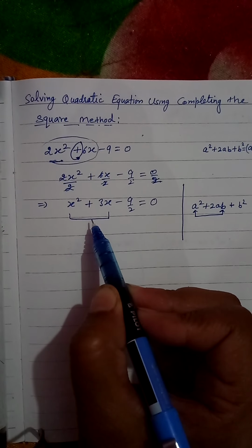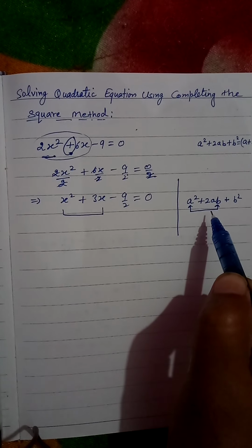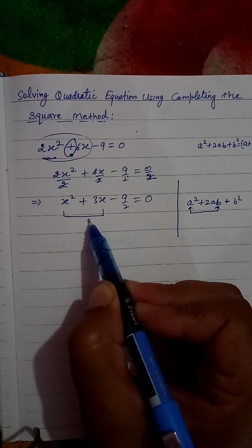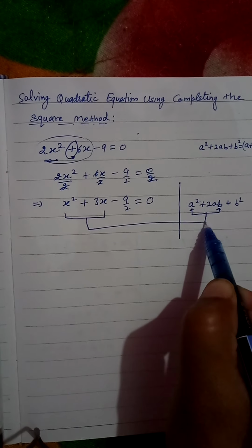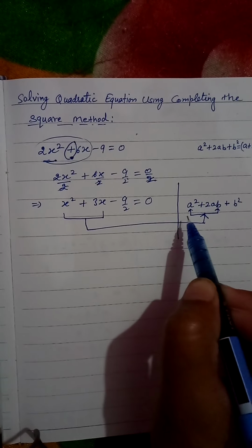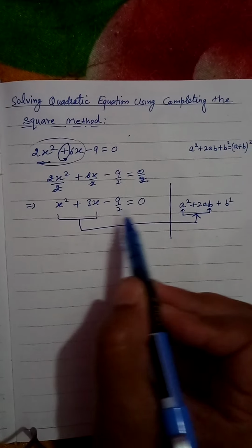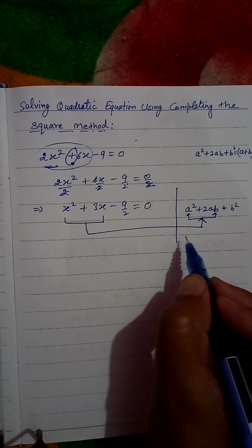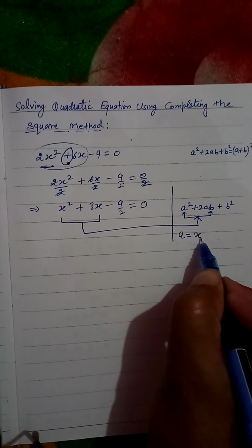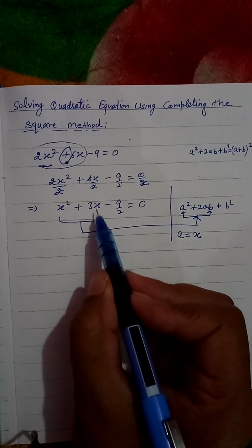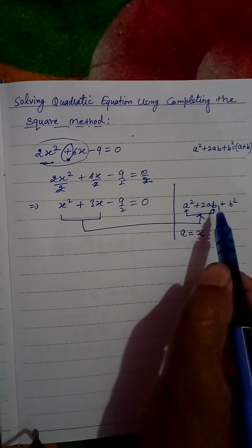I have to compare this with the identity a square plus 2ab, because for the variable parts, I have to compare with a square plus 2ab only. As you can see, here is x square and here is a square. So you can easily identify what your a is. A is x. Now the middle term: here the middle term is 3x and there the middle term is 2ab.